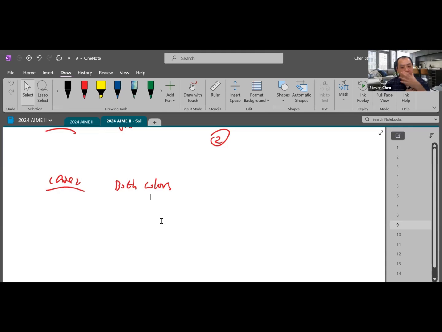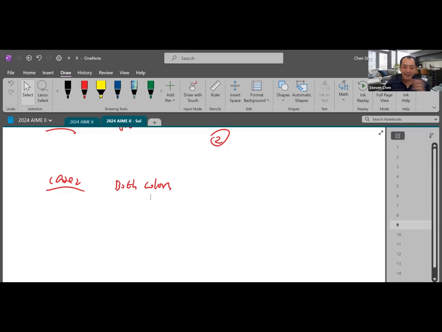It means that all cells in column 3 must be either empty or white, and all cells in row 2 must be either empty or white, right? So basically it tells us that for each color, we must have at least one column and one row occupied with this color. This is true for both white and black.